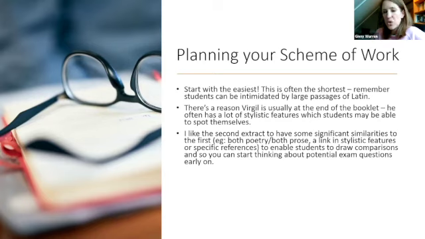So at least if your first two extracts are poetry rather than a poem and then prose, then I think it's nice you can draw those comparisons, and also Horace is the next shortest one, so they'll link together nicely. And also if you've got some links between the poems, then you can start early on asking students what kind of exam questions the exam board might ask.